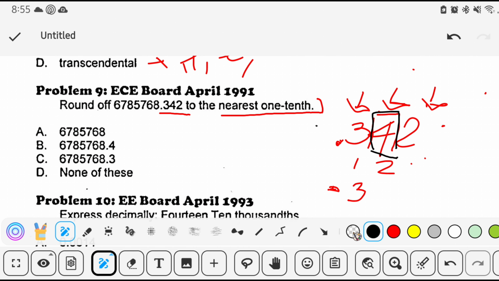So our answer would be this number with a decimal of 0.3. That's on the choices, letter C. So that is how you evaluate rounding off to the nearest tenths, hundredths, thousandths.